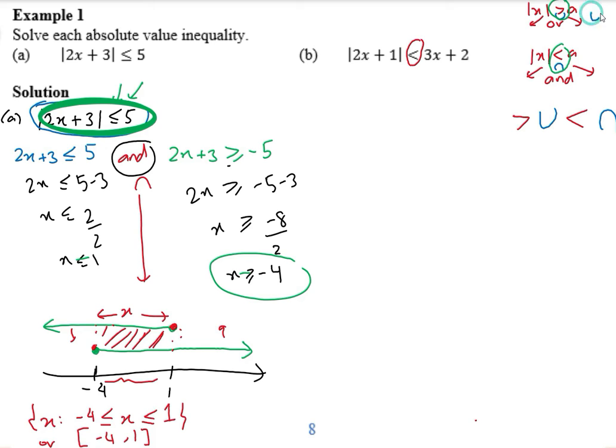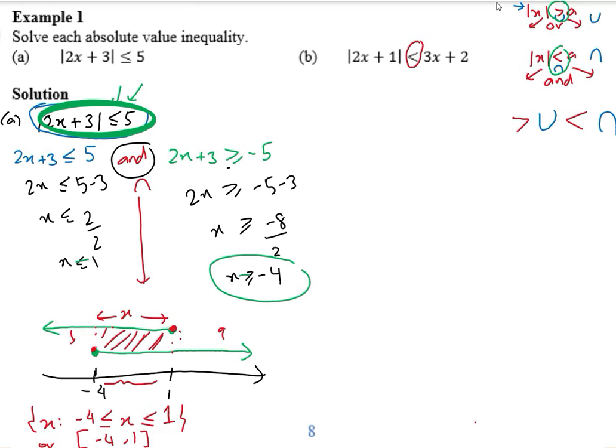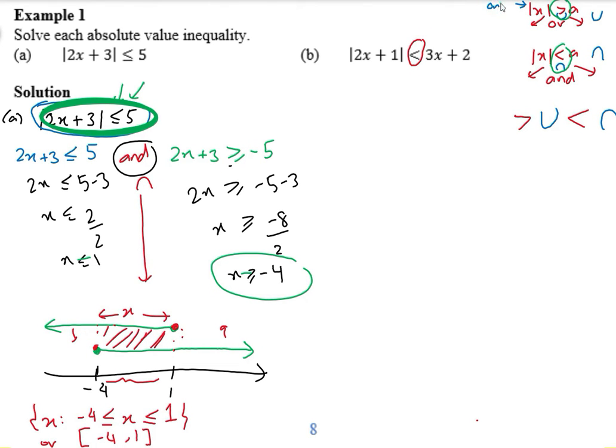Smile means union. Here, less than, you're sad, so you have the sad face. But please remember, these two ways of memorizing only work if on the left side there is only the modulus. There are no other numbers besides the modulus.